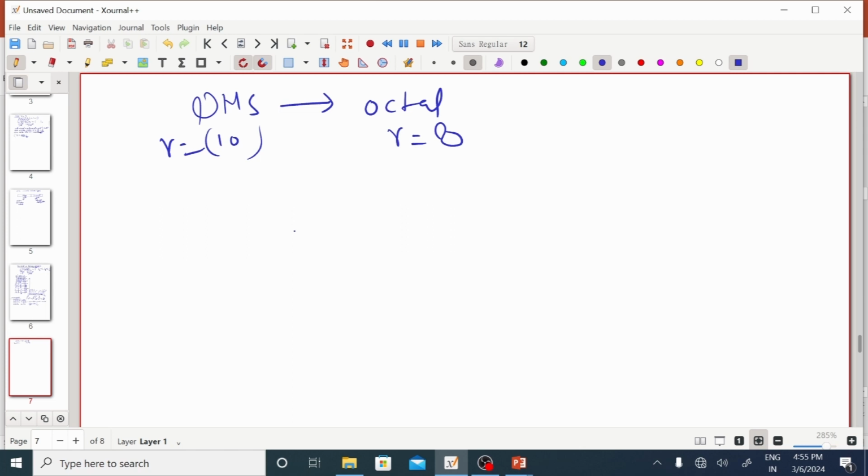Any number system has two portions, one is the integer portion and another is the fractional portion. We use the division remainder method to convert the integer portion of the decimal number system into the octal number system, by dividing it by 8, and again successive quotients are divided by 8 until the quotient becomes 0.